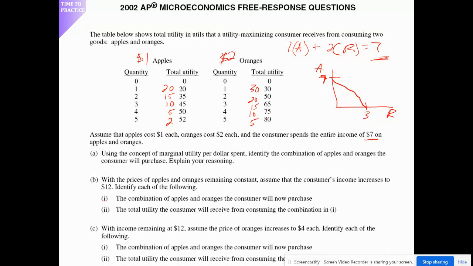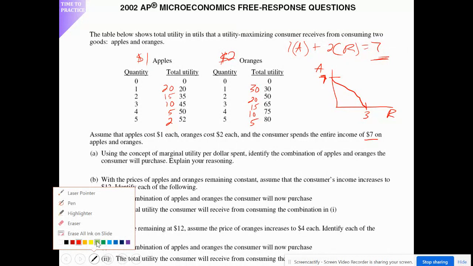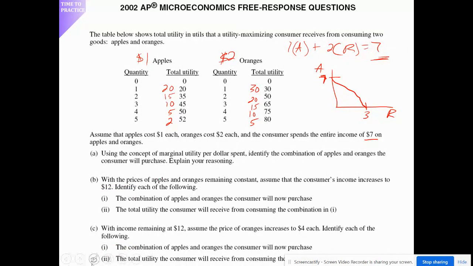Then it says now calculate, and I'll choose a different color here to write with. I have to calculate marginal utility per dollar for each of them.